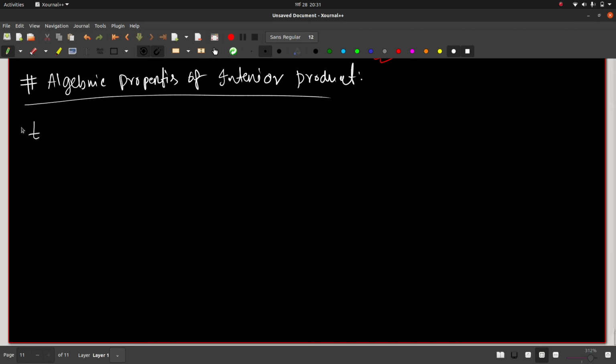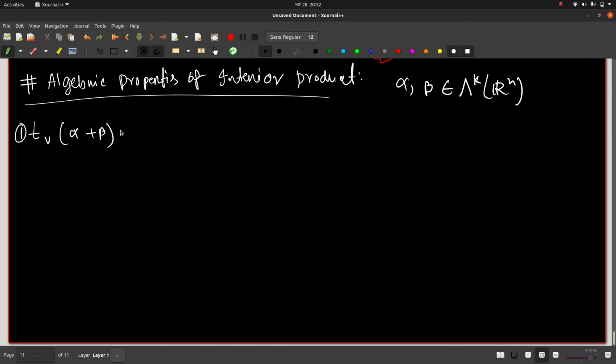The first one is that d_v of alpha plus beta, where alpha and beta are k forms, so alpha comma beta belongs to lambda k in the manifold, is d_v of alpha plus d_v of beta. You can show this easily using the definition.